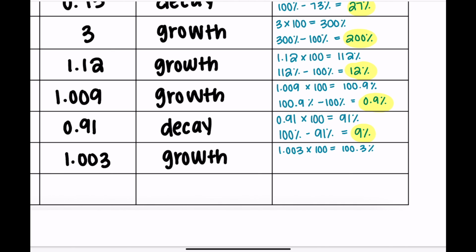Then we are going to find how much larger than 100% is that. So 100.3% minus 100% leaves us with 0.3% growth rate. So it's not growing by a whole percent, but it is still growing by 0.3%.